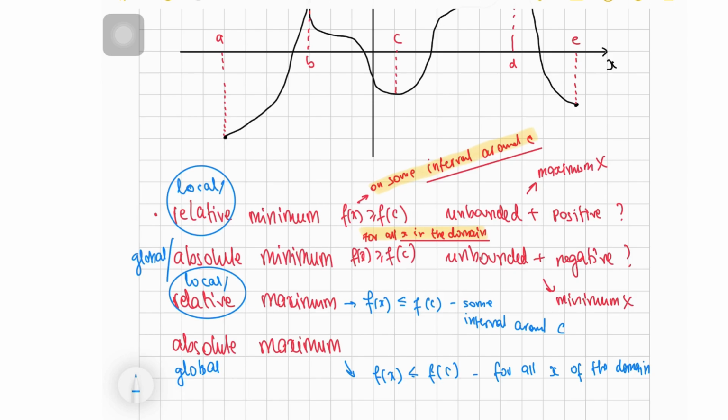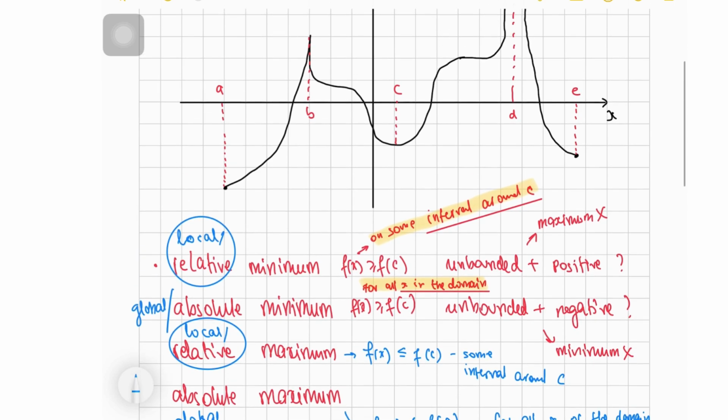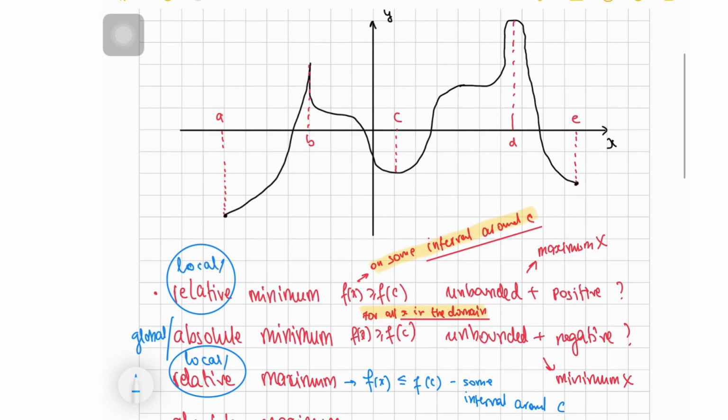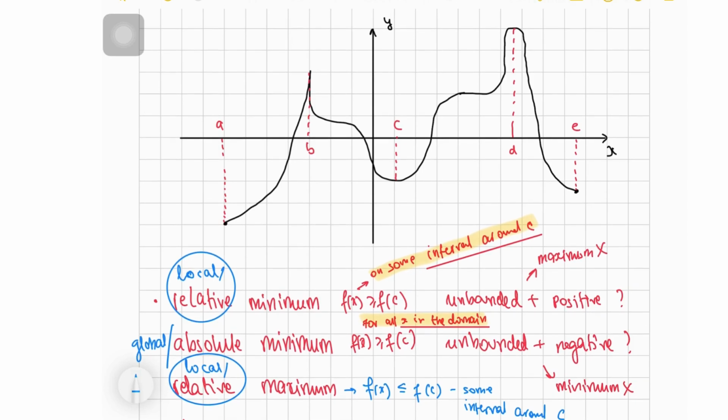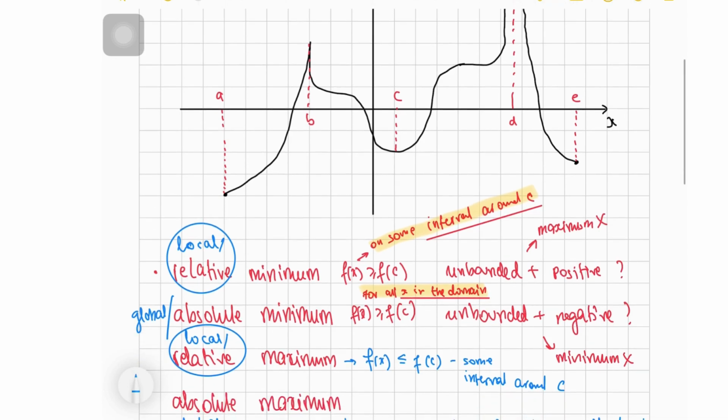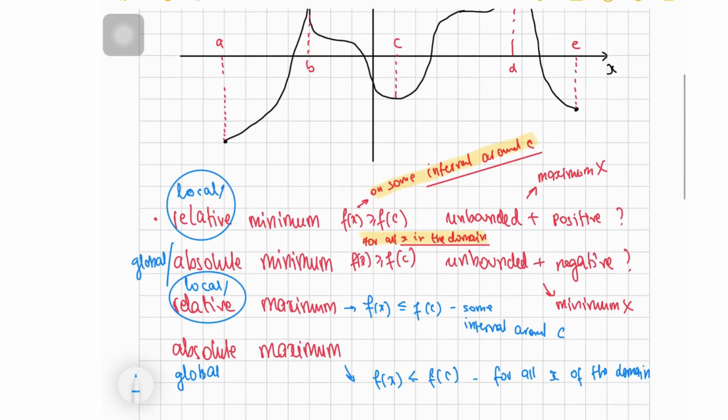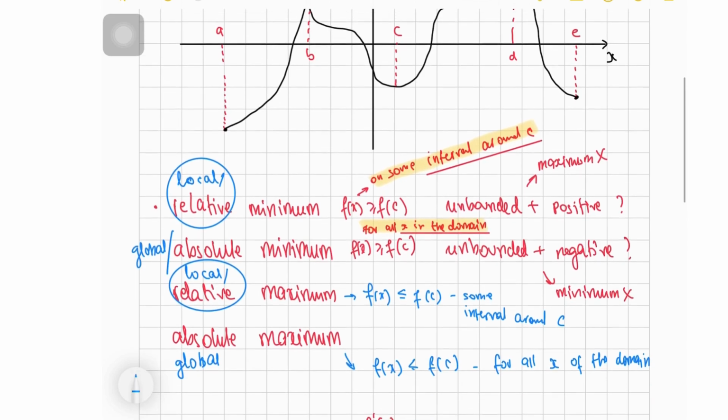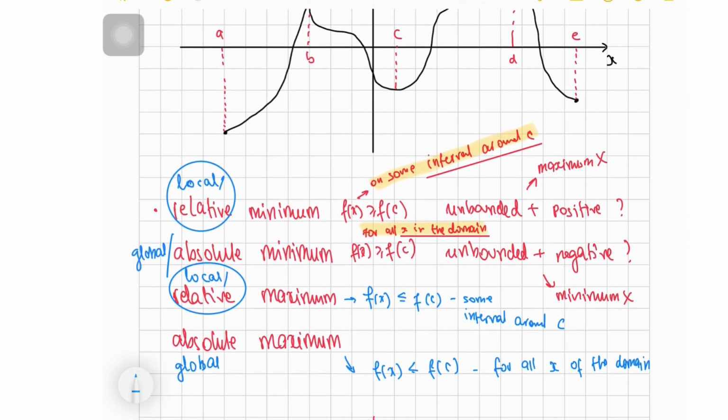Okay, so now we can go back to this graph. Notice that minimum and maximum are values from the domain. So minimum and maximum, min and max, are contained in the domain.